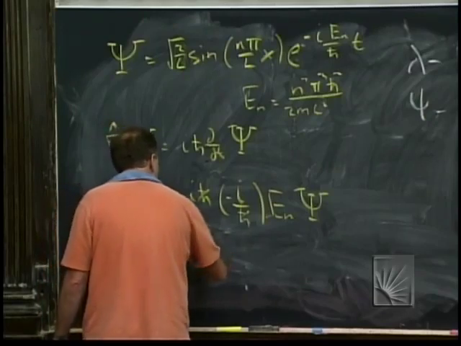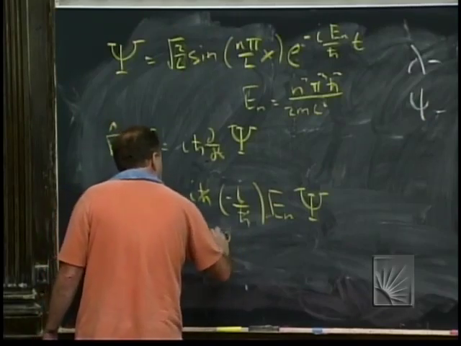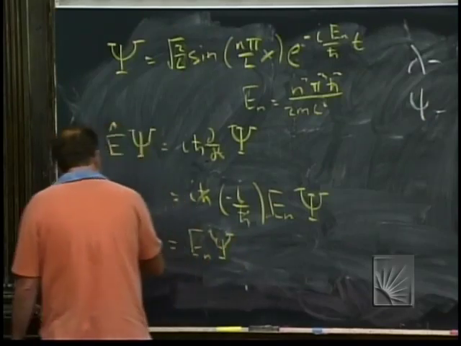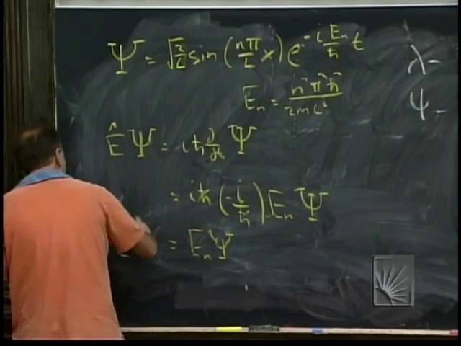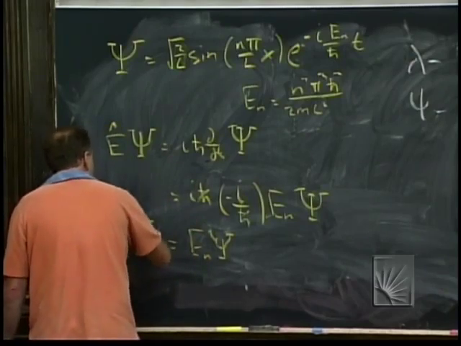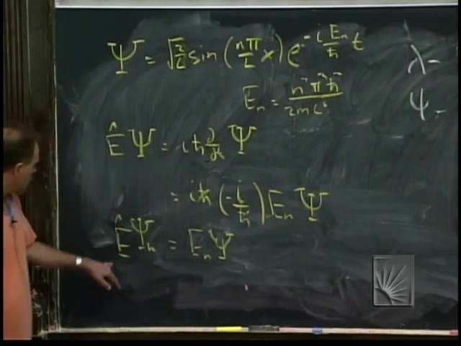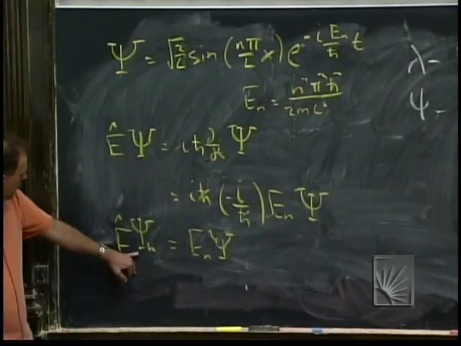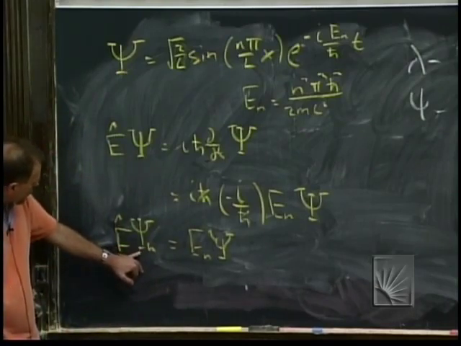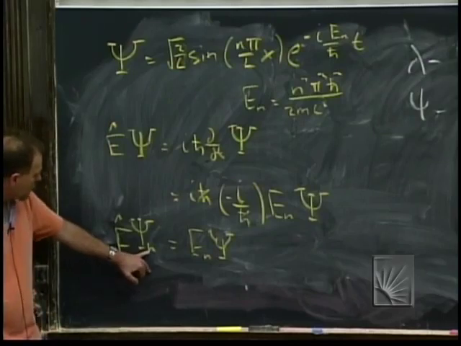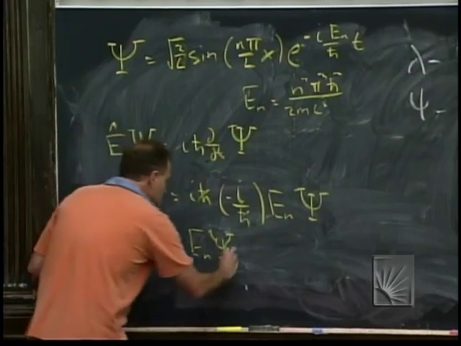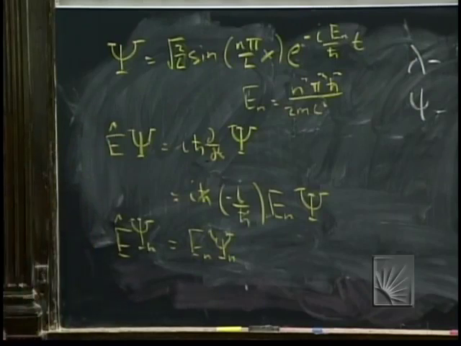It is just E sub n times capital psi. So yes, the energy operator acting on the wave function psi sub n gives E sub n times psi sub n.